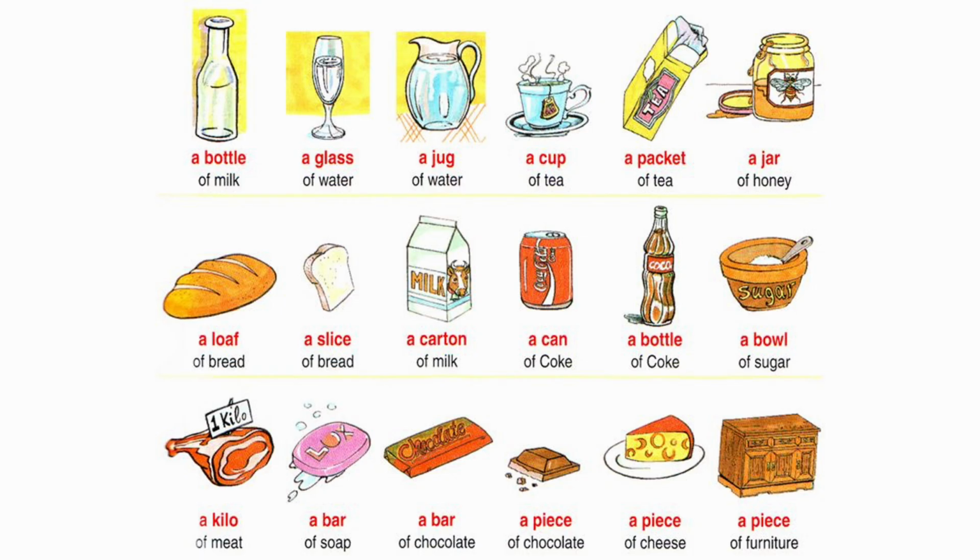But when we say, and here are the examples of mass noun. You cannot count them using your fingers. Example is milk, water, tea, honey, bread, coke, meat, soap, chocolate, cheese, furniture.